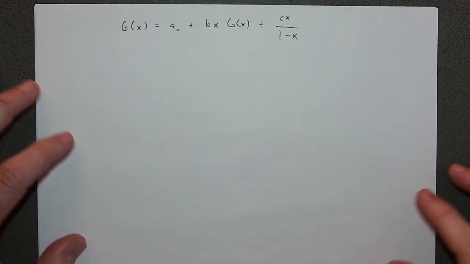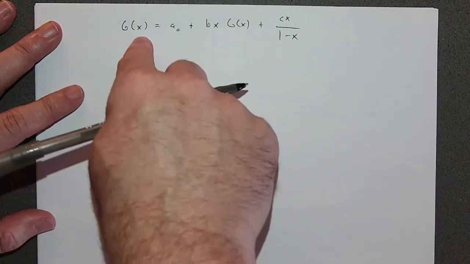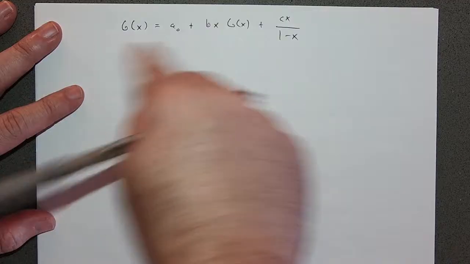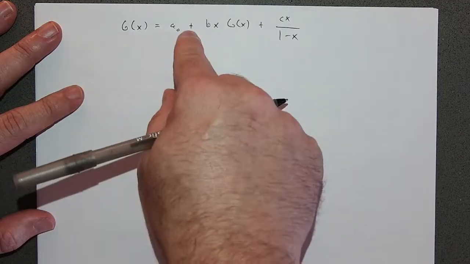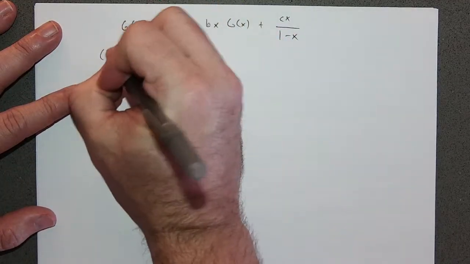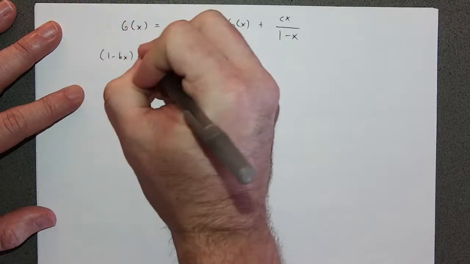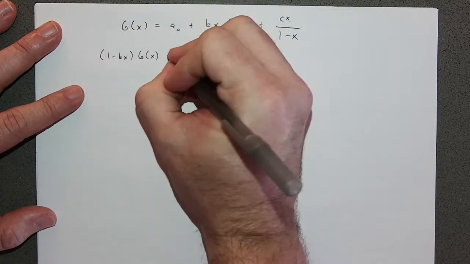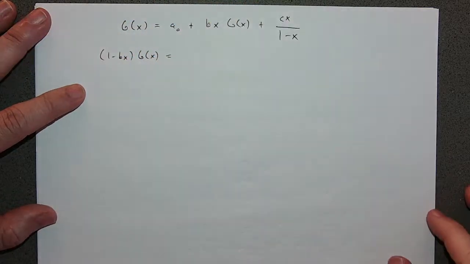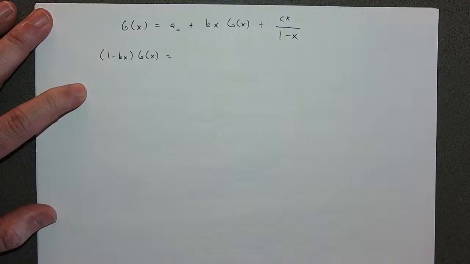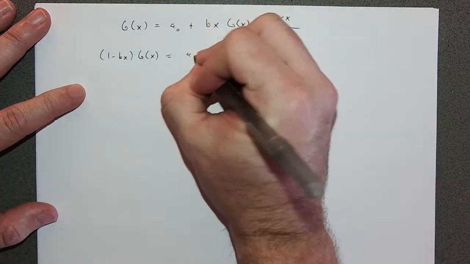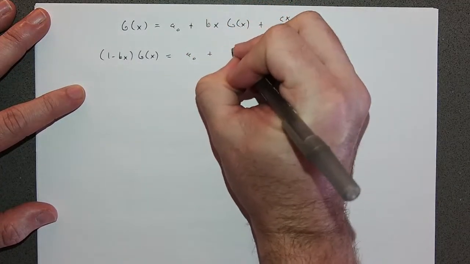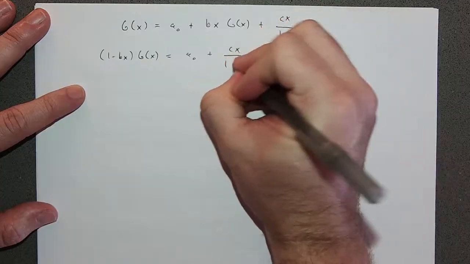If I move this term to the other side and factor out a g, this would be 1 minus bx times g of x is equal to a naught plus cx over 1 minus x.